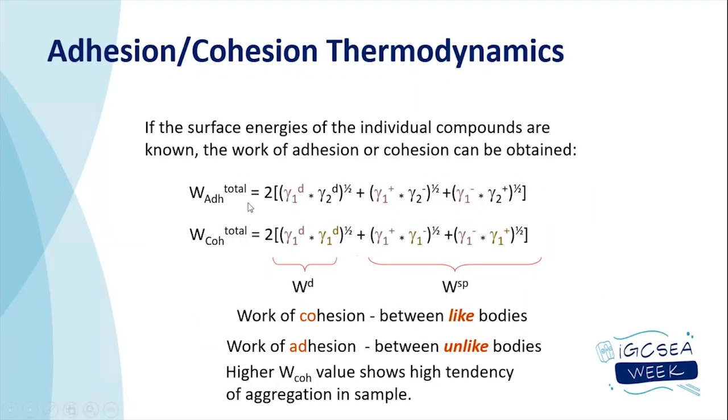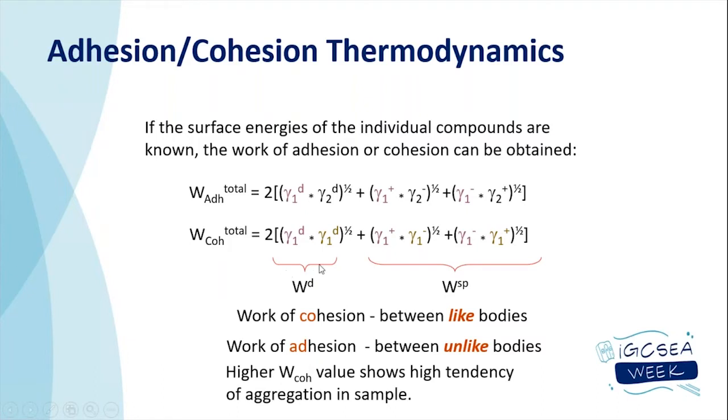And as I mentioned, it is directly related to the thermodynamic work of adhesion, which is the interaction of two dissimilar surfaces, and the thermodynamic work of cohesion, which is the interaction of two like surfaces. So very often, when I have a composite or a blend or some sort of multi-component system and I want a uniform blend or good adhesion or a good composite, I would want the work of cohesion to be similar to the work of adhesion.